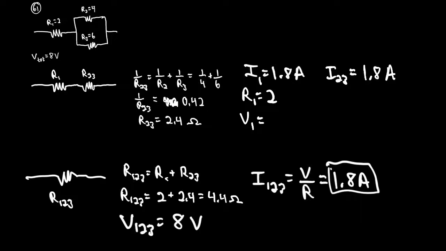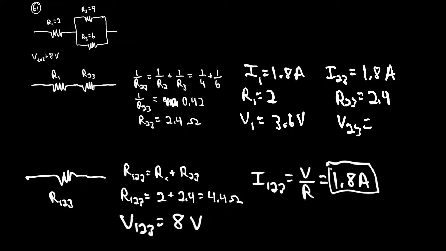What's V1? How do I find V1? I times R. So we have 1.8 times 2. We get 3.6 volts. I can do the same thing. R23 was 2.4. And I can find V23.